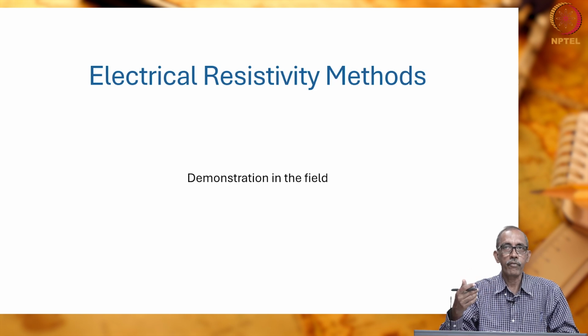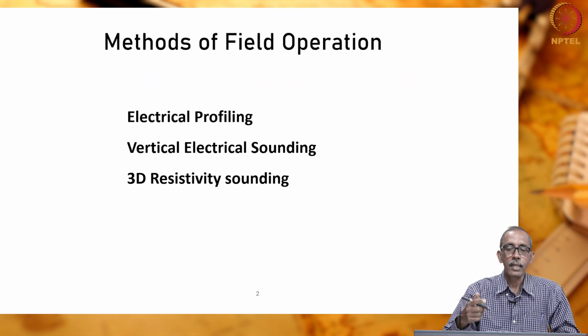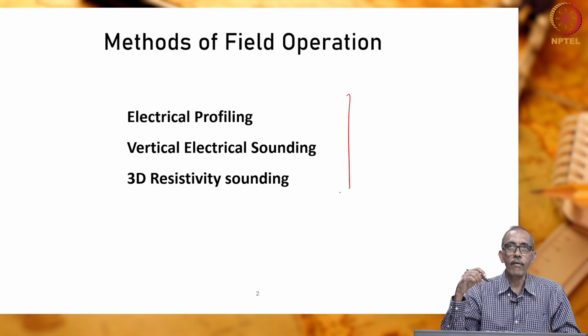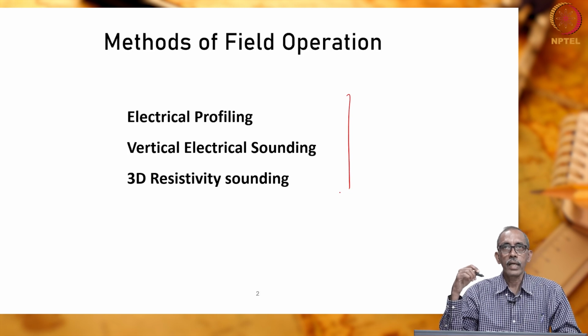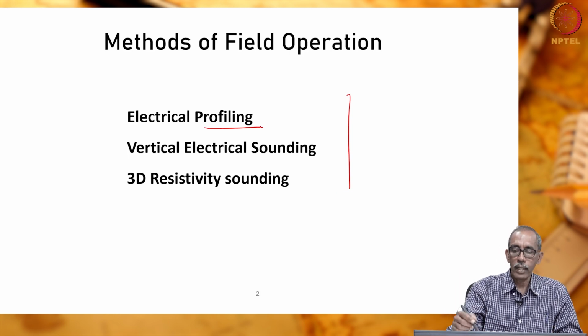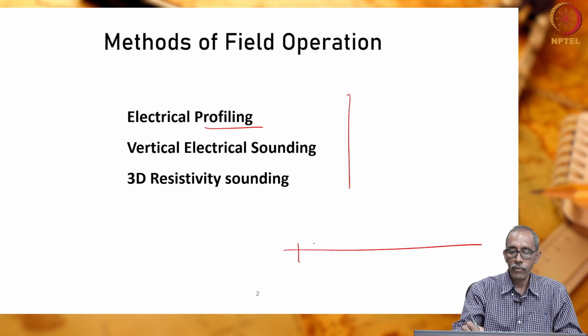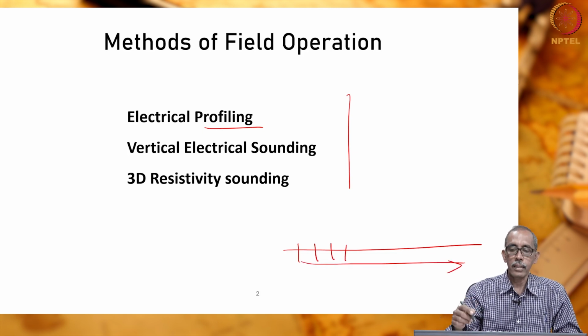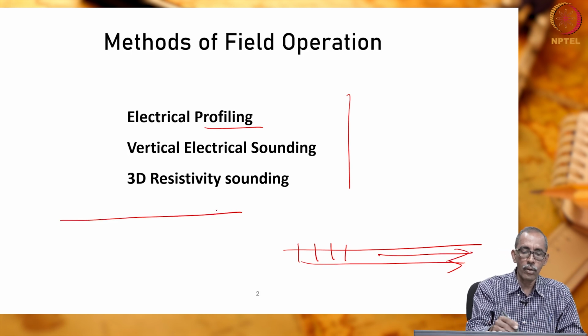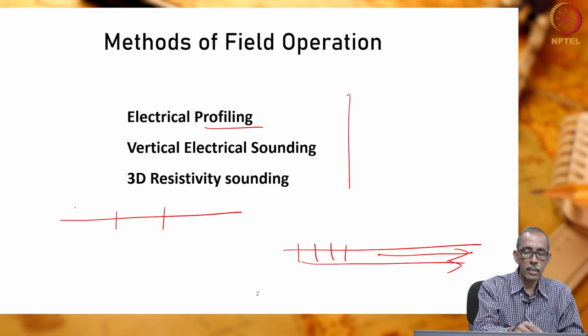Before commencing our field work, I would like to recollect that there are three methods of carrying out the survey in the field. One is profiling. In profiling, we will shift the electrodes in a sequence along a profile. That means our aim is to understand the lateral variation in the subsurface. Second is the vertical electrical sounding, in which we will progressively increase the electrode spacing by keeping the common point constant.